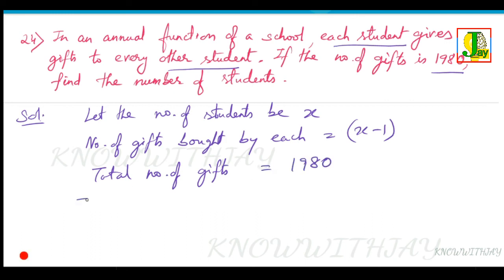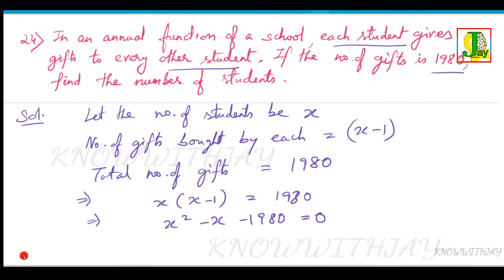That's given, and that's x into x minus 1 equals 1980. So that was an easy one. x squared minus x minus 1980 equals 0. Now you need to solve this quadratic equation to find the value of x.